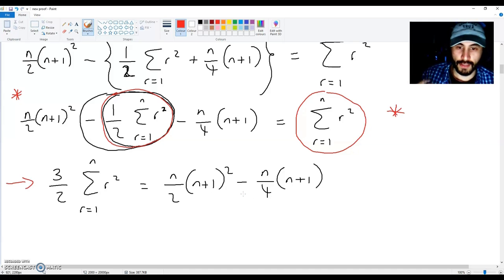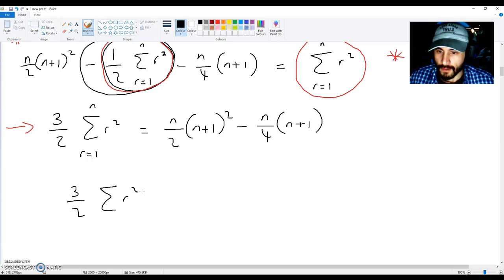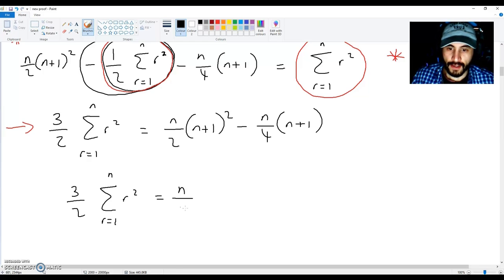And we are going to simplify even further to get our proof. Okay, so from here we get this over here. And this is going to be equal to, let's say, n over 2 multiplied by n plus 1.